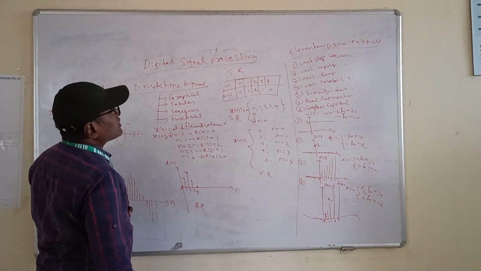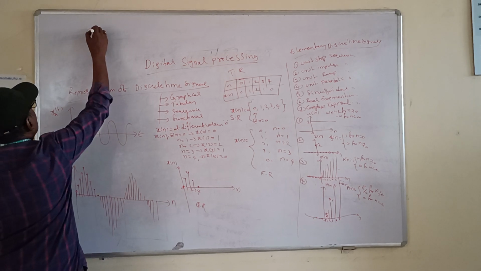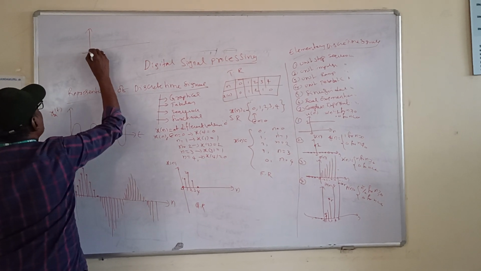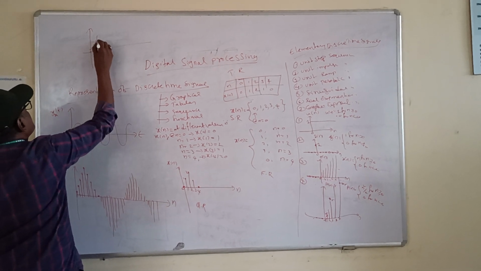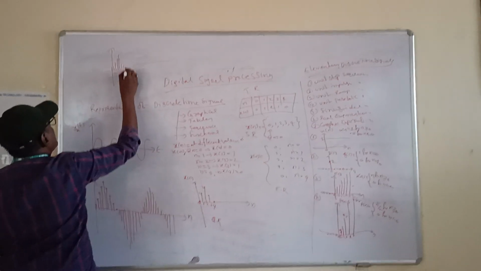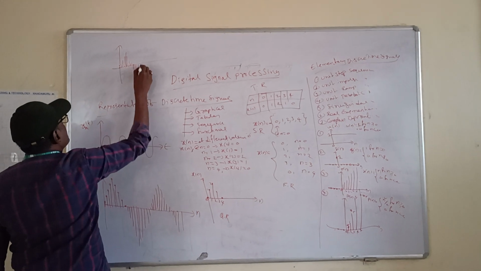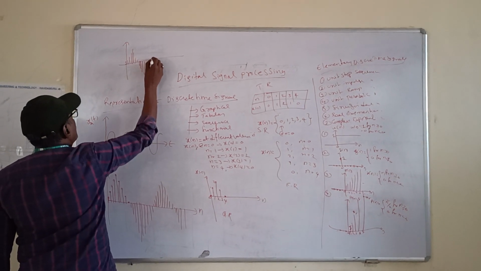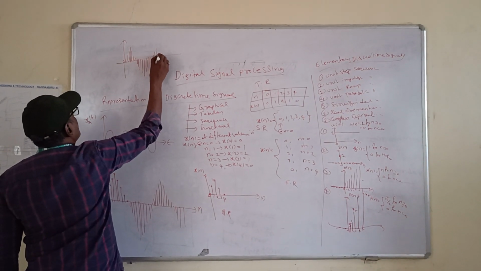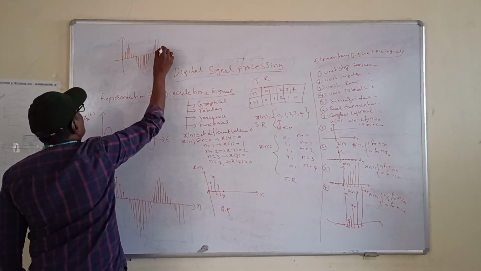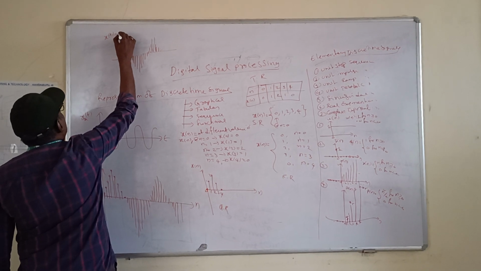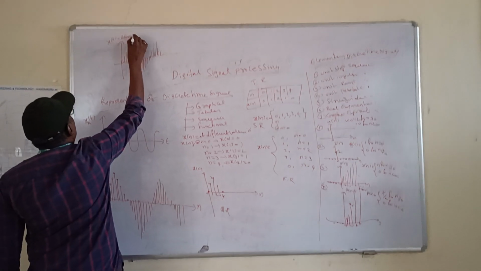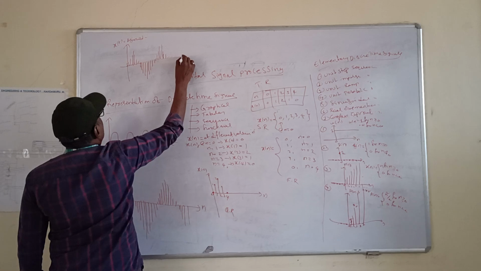And the last three signals are the sinusoidal signal, the real exponential sequence, and the complex exponential sequence. This is the way we represent the sinusoidal signal in discrete time signals: x of t equal to A sin omega naught t n.